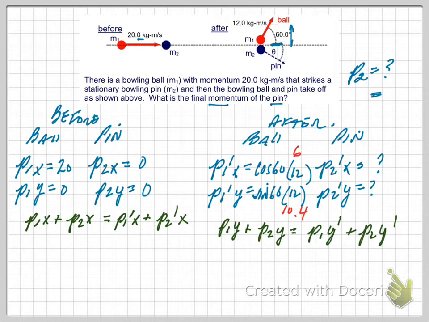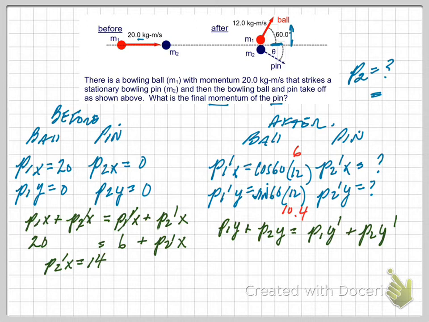All right, so P1x is 20, P2x is 0, P1x prime is, we determined, was 6, and P2x prime was unknown. So we'll just leave that as P2 prime x. So we can actually solve for P2 prime x. And that's going to be equal to 14.